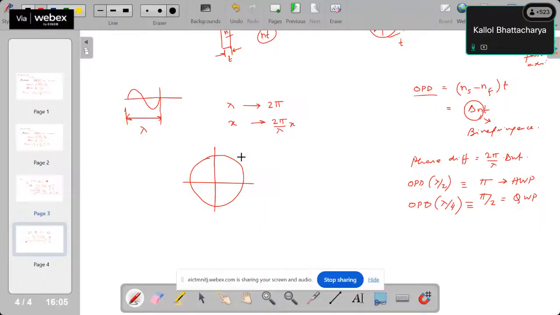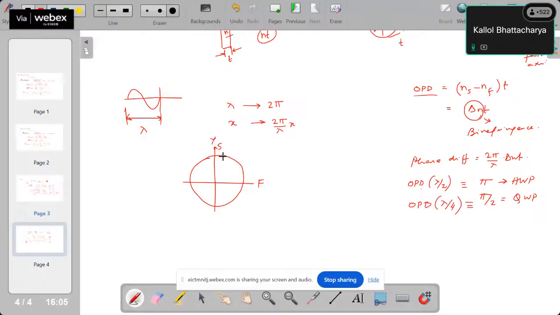When we consider a polarizer, we will assume that the transmission along the y-axis is 0. And we have intentionally aligned this device such that the fast axis is here and the slow axis is here. Now, when we talk of a polarizer, there is no fast and slow axis. The slow axis is 0 and there is only one axis along which light is transmitted.